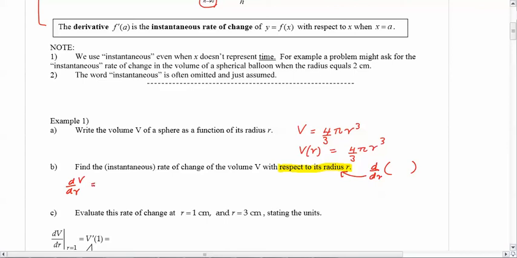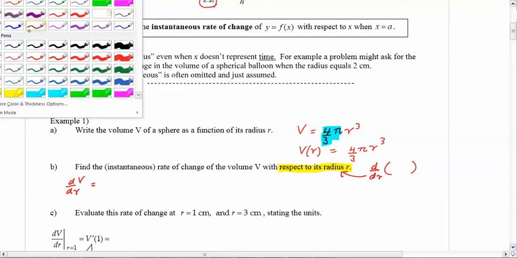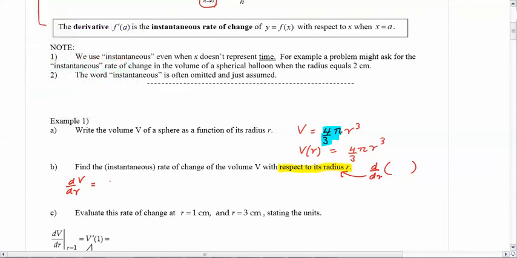Now, if you look at V, you'll notice that 4/3 pi really is a constant multiple. It's no different than if I had 7 instead of 4/3 pi. It's just a constant multiple. So we can use the constant multiple rule. So it's going to be my 4/3 pi, and then the derivative of what's left, which is r cubed.